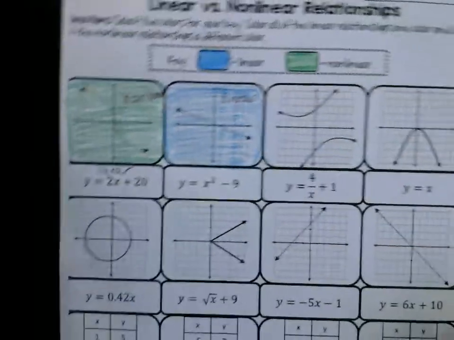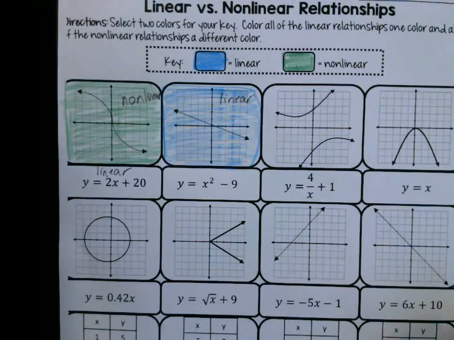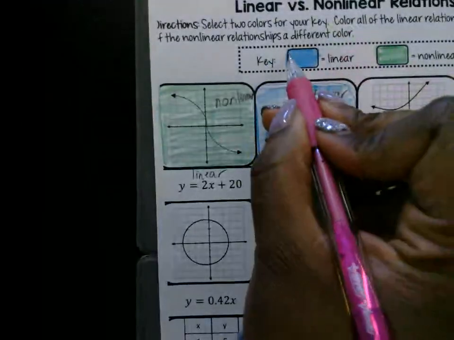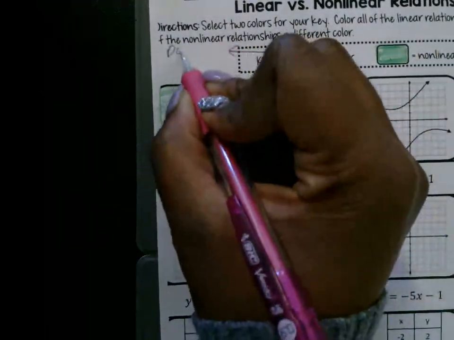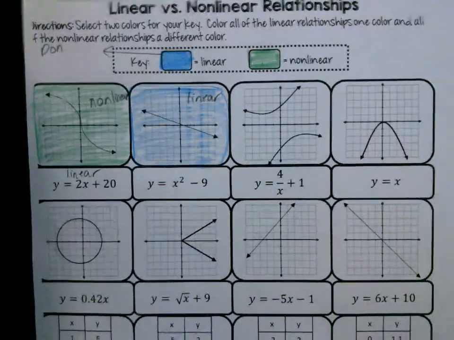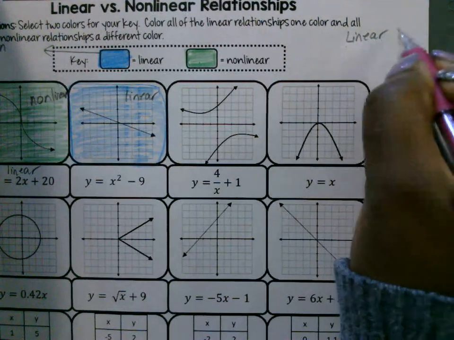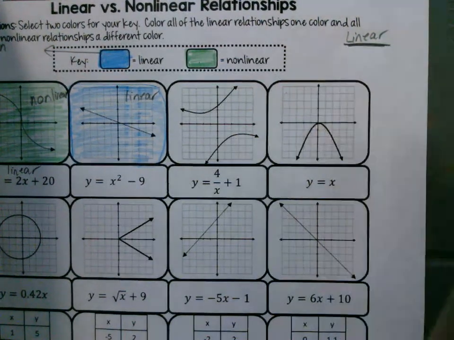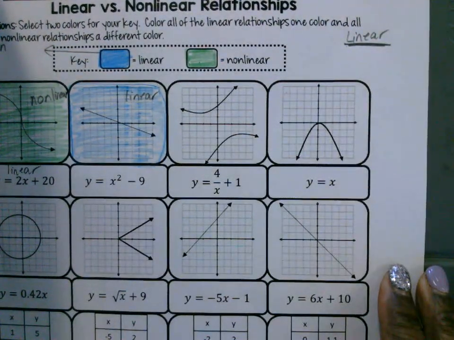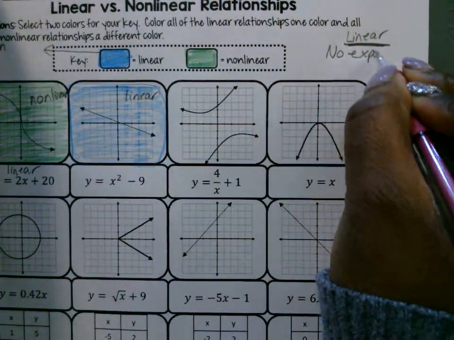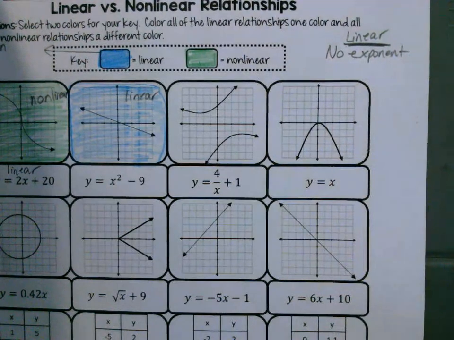Miss Reyes, how do I know when it's not linear? Linear functions do not have these. Let me write this on the side. There are no exponents with linear. So if you see an exponent, it's nonlinear.